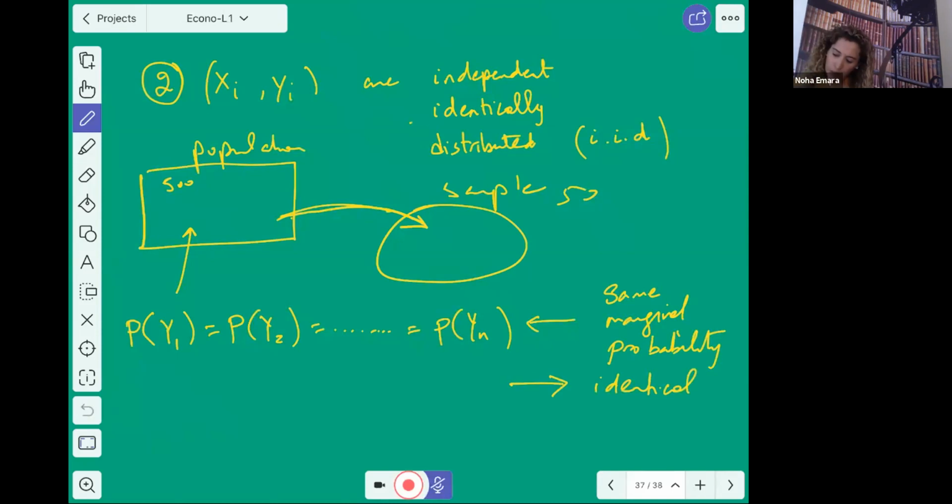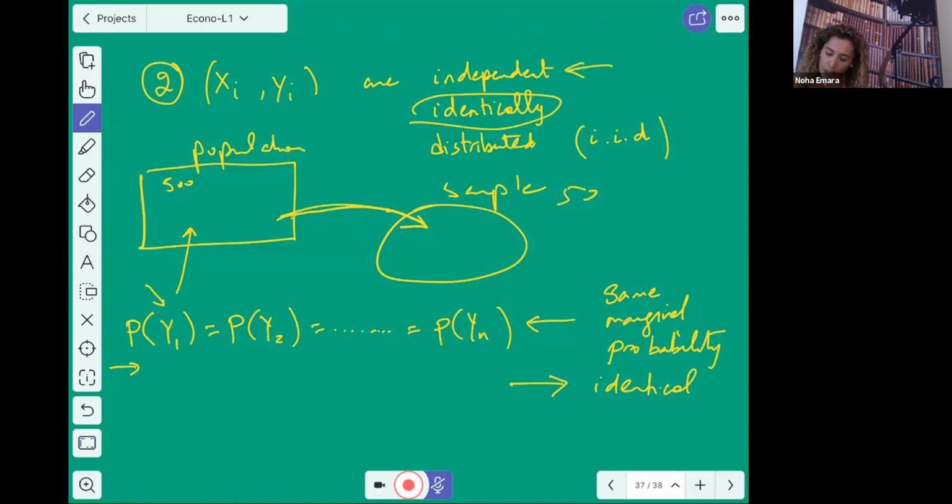And this is about this word: they are identically distributed. What about independence? Of course, you can repeat this on the X, because if I pick the salary of person number 1, it has the age of that person with it. So you can repeat this with the probability of X1 being the same as the probability of X2, the same as the probability of XK.